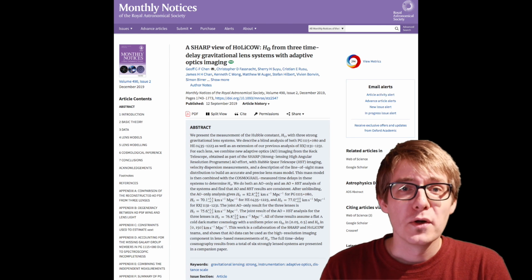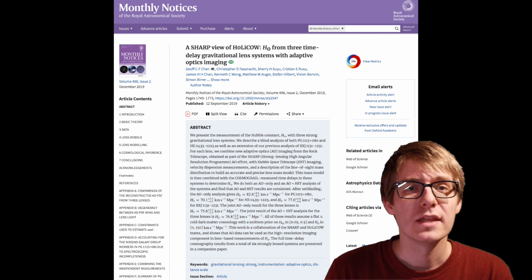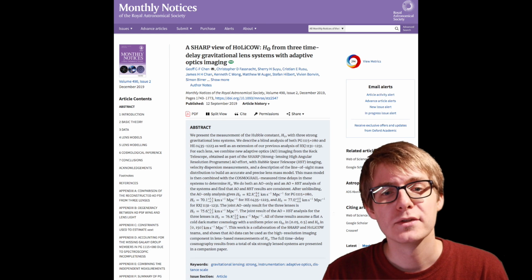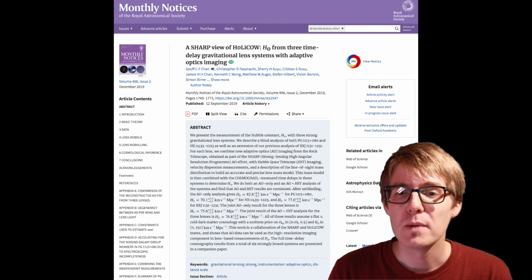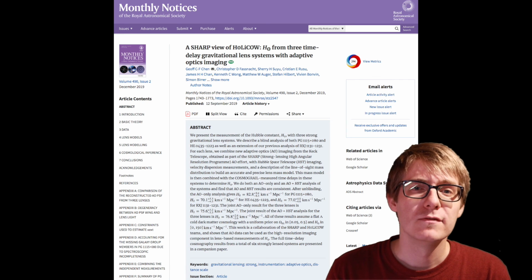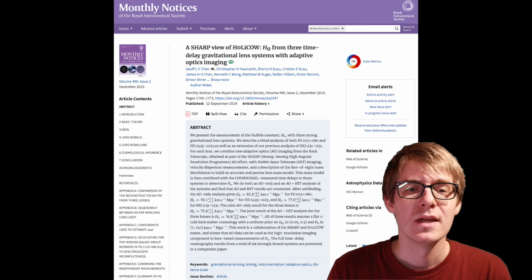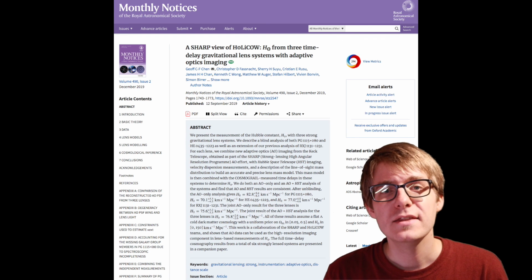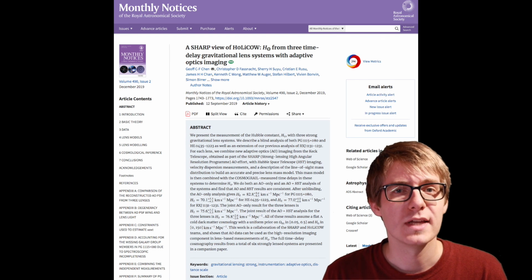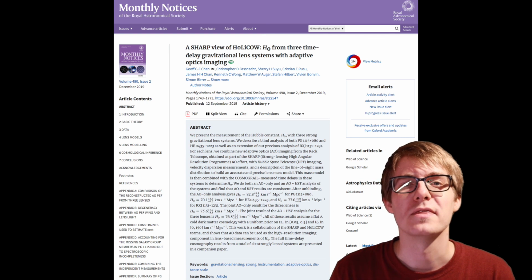The values they got came from a blind study, meaning that they didn't look at the results until the very end, and good scientists would publish that result no matter what it is. What they got were values that were completely different from previous measurements, with the highest value being 82.7 kilometers per second per megaparsec and the lowest at 70.1.